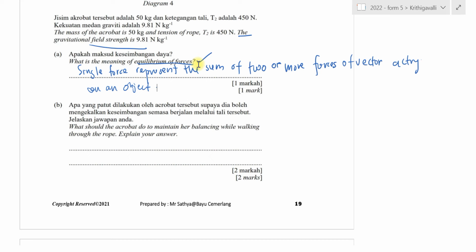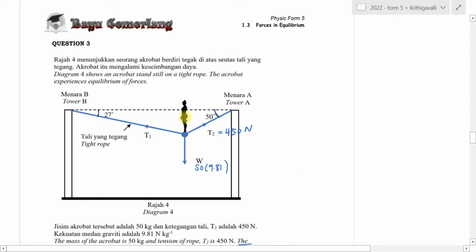Because they want to increase the stability. Or maybe the acrobat can hold a stick. Whenever we see an acrobat, they normally hold a stick, or they try to stretch out both hands.